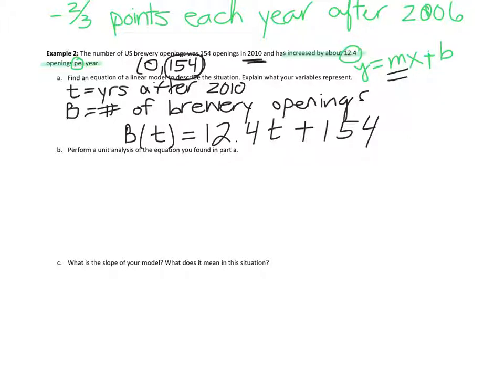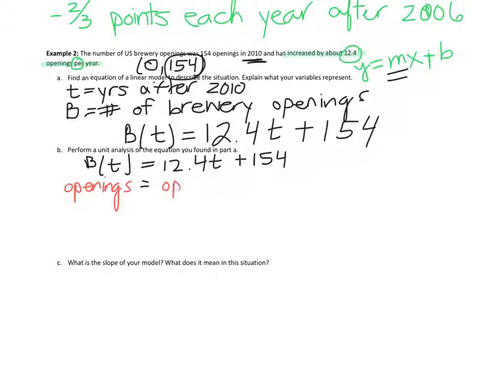All right, so now we're going to perform a unit analysis of the equation we found in part A. So let's write our equation again, and we're going to write the units down below. So B of t, remember, is the amount of openings. That 12.4 stood for openings each year.